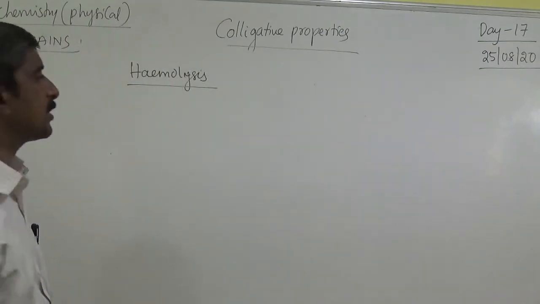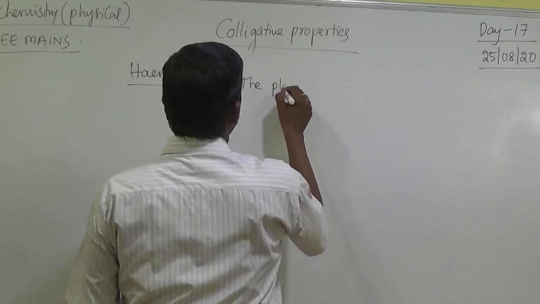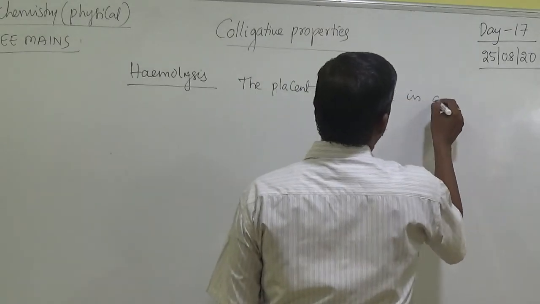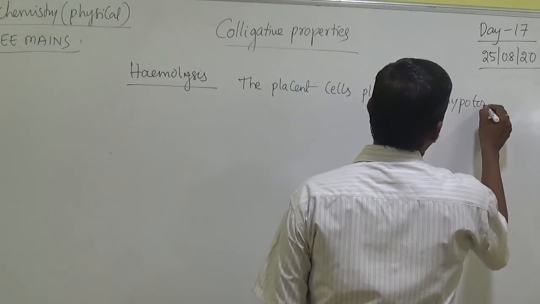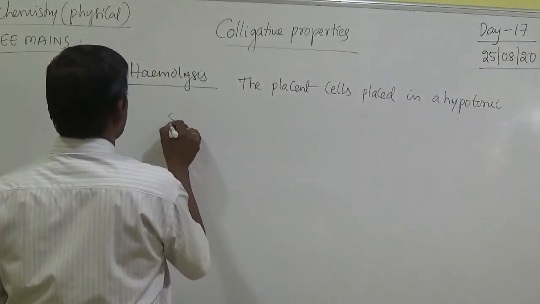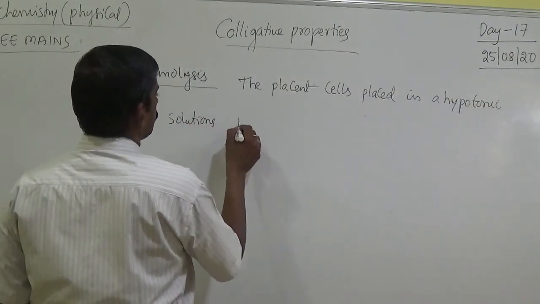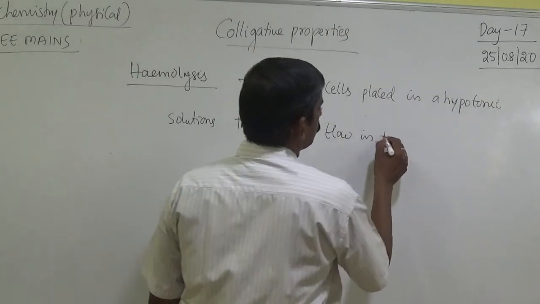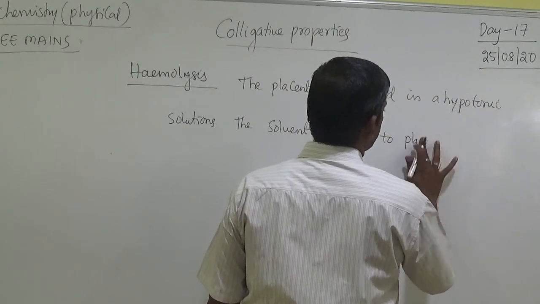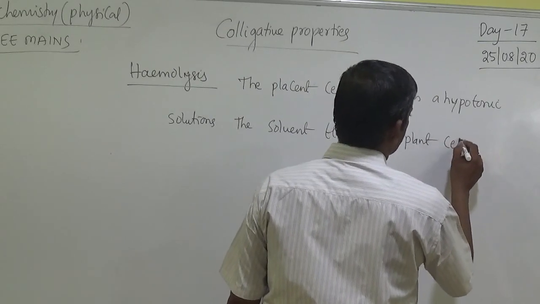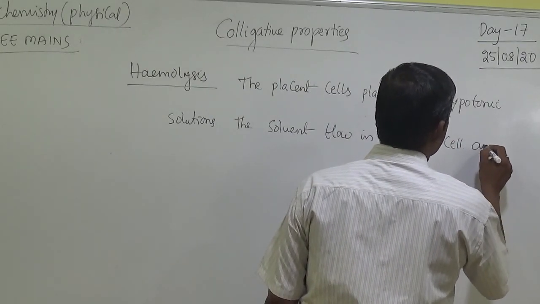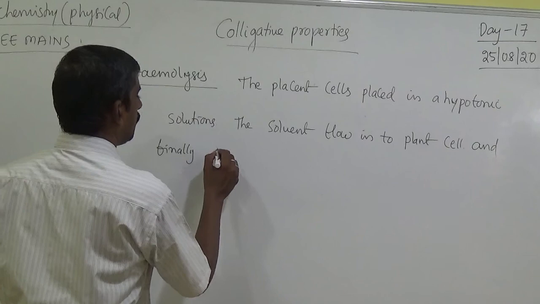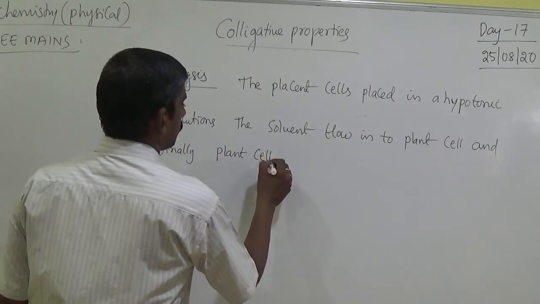Hemolysis means the plant cells placed in hypotonic solutions, the solvent flows into the plant cells, and finally the plant cells burst.